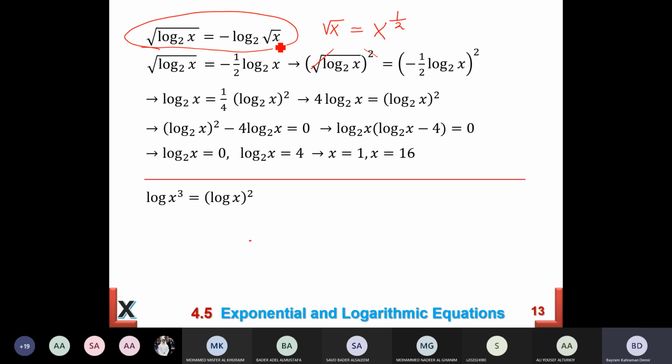Because root of 16 is 4, and logarithm 4 with base 2 is 2, but we have negative here. So the left side is positive 2, and the right side is negative 2. They cannot be equal. So therefore, Shabab, the 16 is rejected. The only solution is x equals 1.